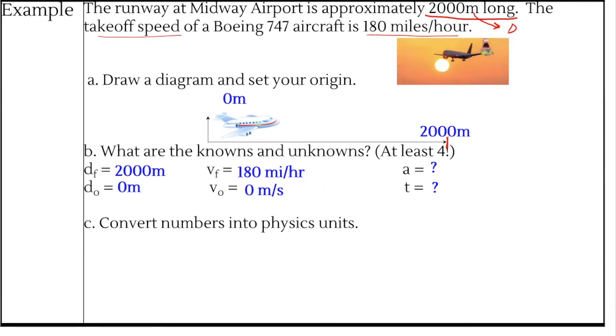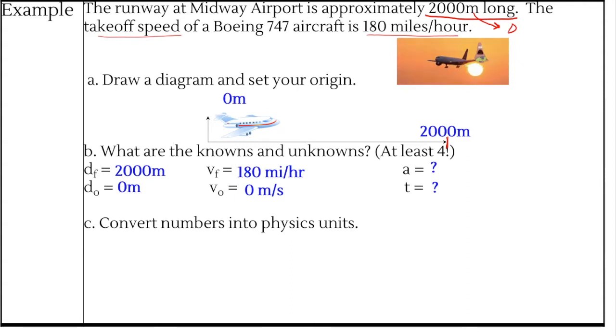So that initial distance, like I said, is almost always 0. And then also, is it starting at rest or ending at rest? If it's starting at rest, then it should be an initial velocity of 0 meters per second. If it's ending at rest, so if it's coming to a stop at the end, then the final velocity should be 0 meters per second. So you got to pay attention to those keywords as well.